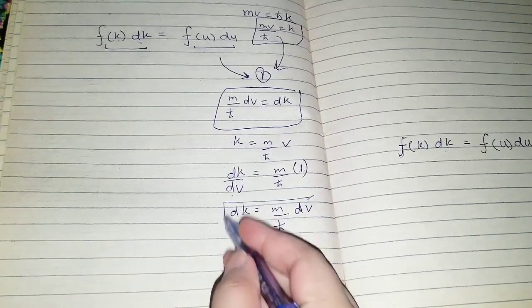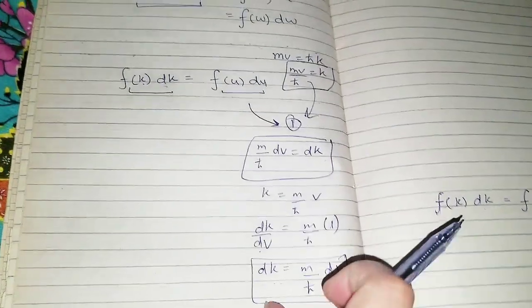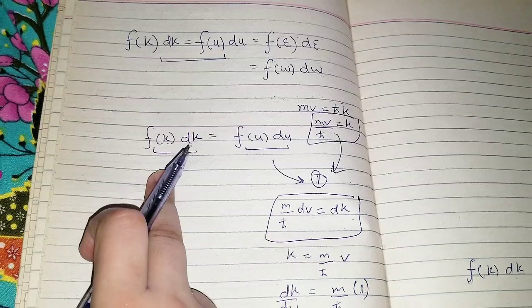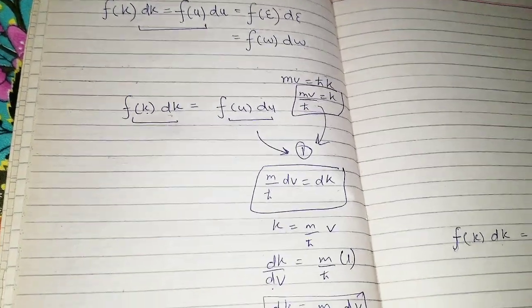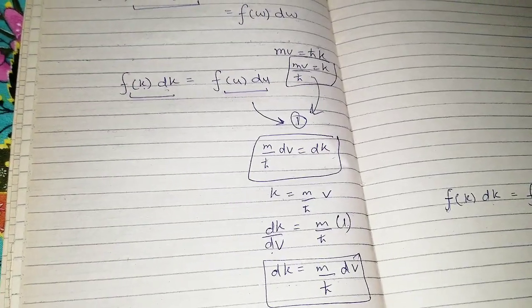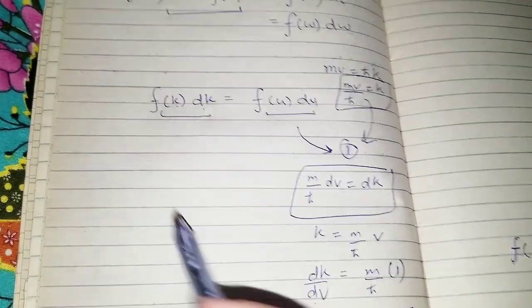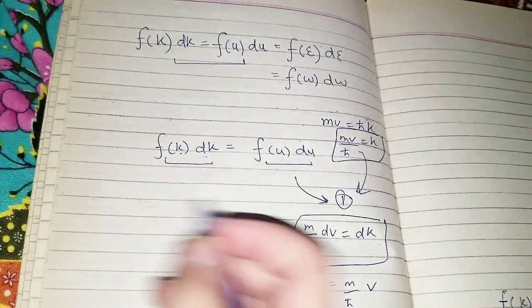So this is how you will get the value of dk, and you will put that value right into this expression, because you want to convert all of that expression into u space and eradicate all of k in this formula. You don't want to see k here, so we'll put this value of dk into this expression, and you'll get the similar result.